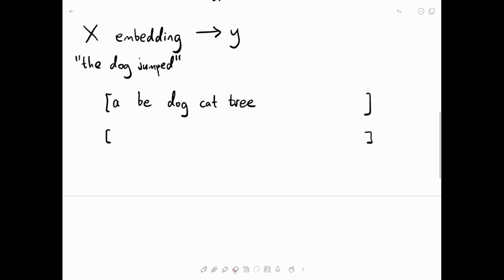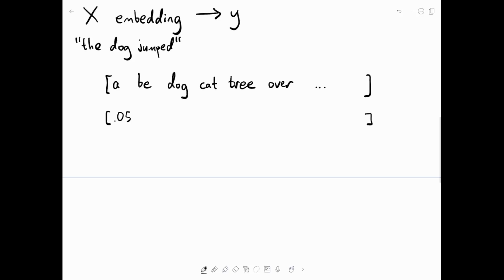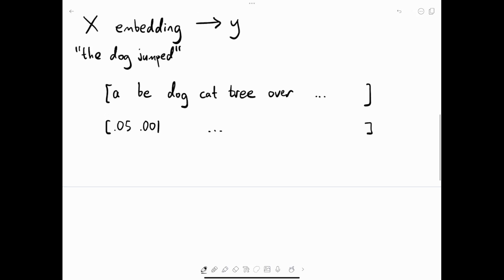So let's say this is "over." The probability of the word following the sentence might be pretty low, like let's say 0.05. And "bee" doesn't make much sense either, so let's make this 0.001, and so on. And the probability of "over" might be really high, like 0.8, whereas the probability of other words might not be as high.